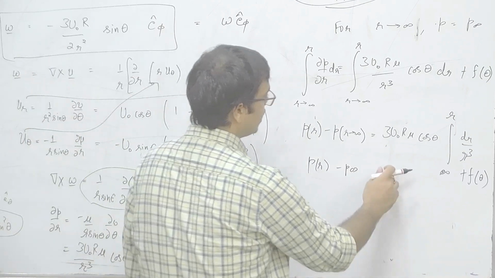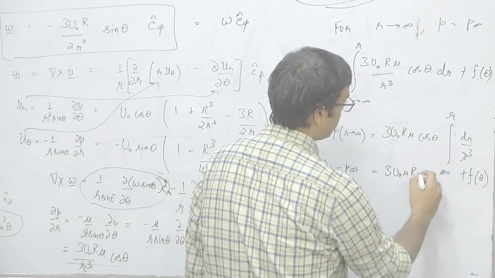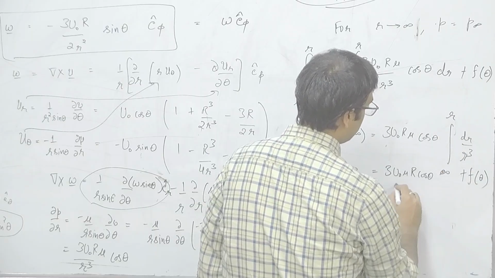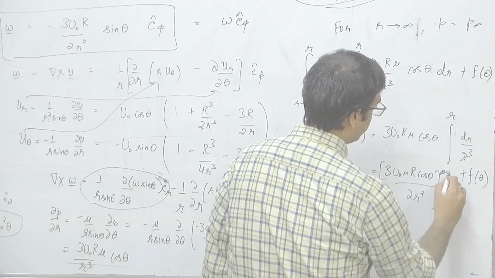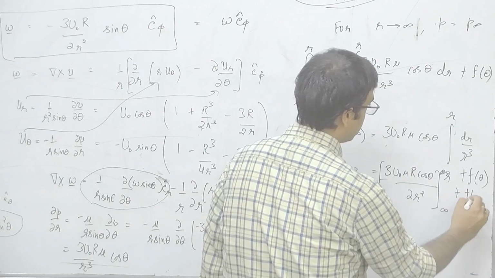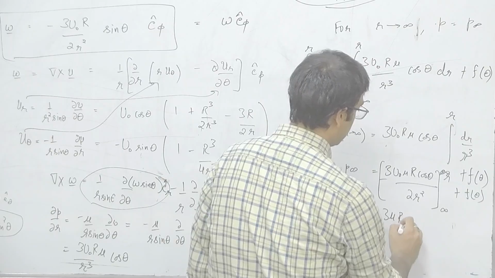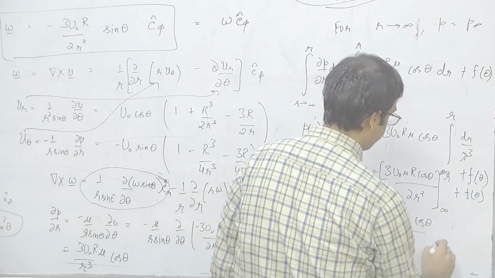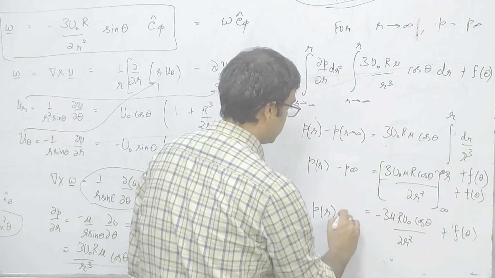So we will get 3 u naught mu R cos theta, and what will we get here? Minus 1 by 2 r square, and then from infinity to r. At infinity this is 0, only the upper limit will survive, plus f of theta. So this is basically minus 3 mu R u naught cos theta over 2 r square plus f of theta, which is p of r minus p infinity.